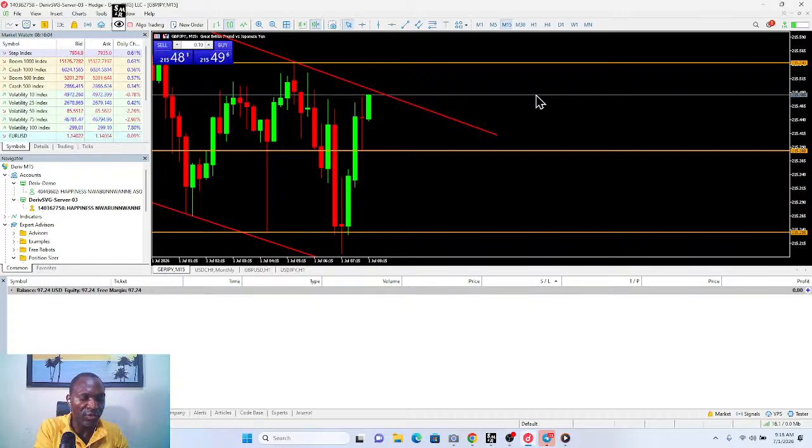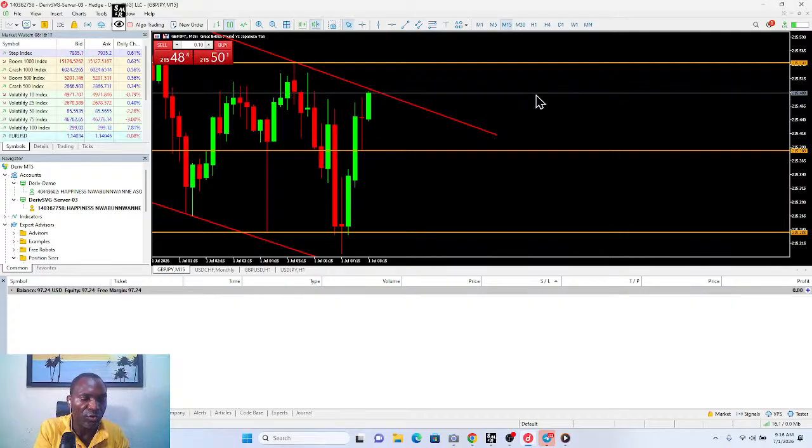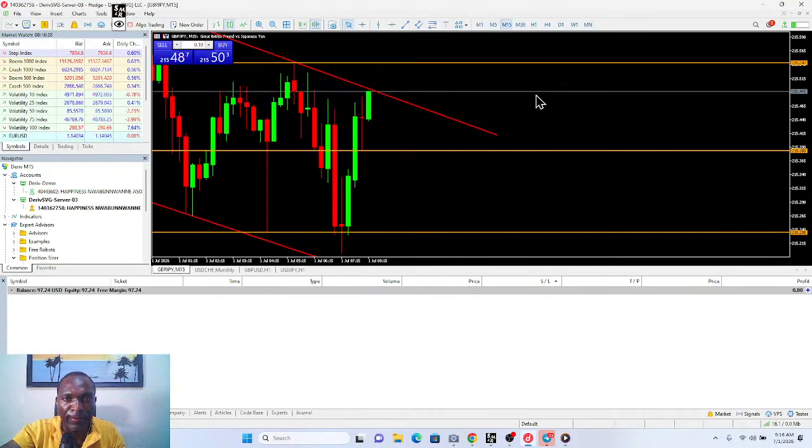So I have $100.99 minus what do we have left in the account? 97.24. So we lost 3.75. That means it's included, this thing is also included on the trade.